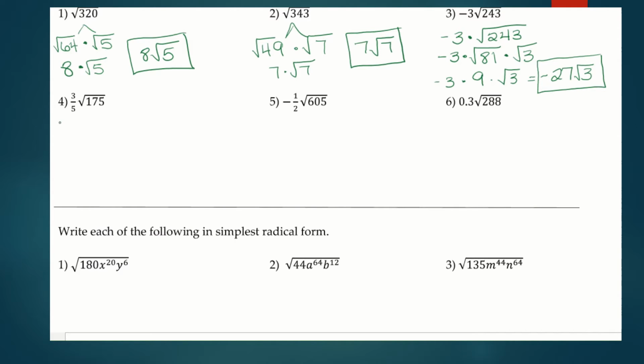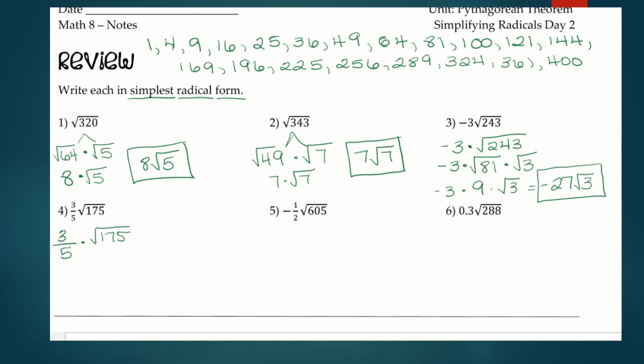All right, for number 4, 3/5 times the square root of 175. So looking at my list above, I'm thinking, all right, which one of these values could be a factor of 175? Well, definitely 25. We know that for sure. If I take 175 divided by 25, I get 7. So 25 times 7 is 175.